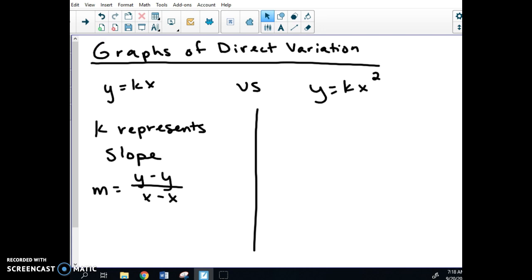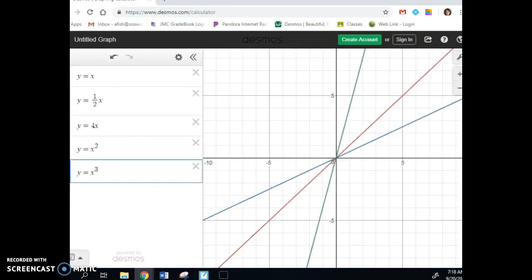When we're looking at the graphs, I pulled up 3 different graphs here. If you notice, the red graph is going to be y equals x. This graph here has a slope of 1. If I look at the blue line, this has a slope of y equals a half x. Notice with that half x, it's smaller than 1, so the slope is not as steep.